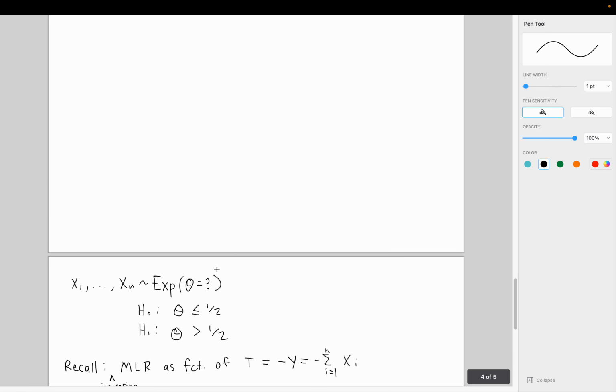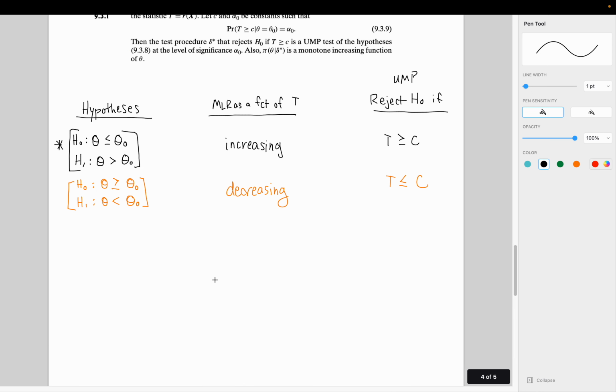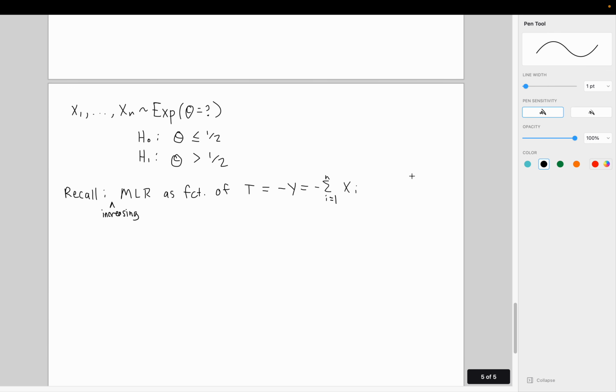And we know by this theorem that if we have that situation, we have this one start up here. So we're in this territory. So we know we have a rejection rule where t is greater than or equal to some threshold.